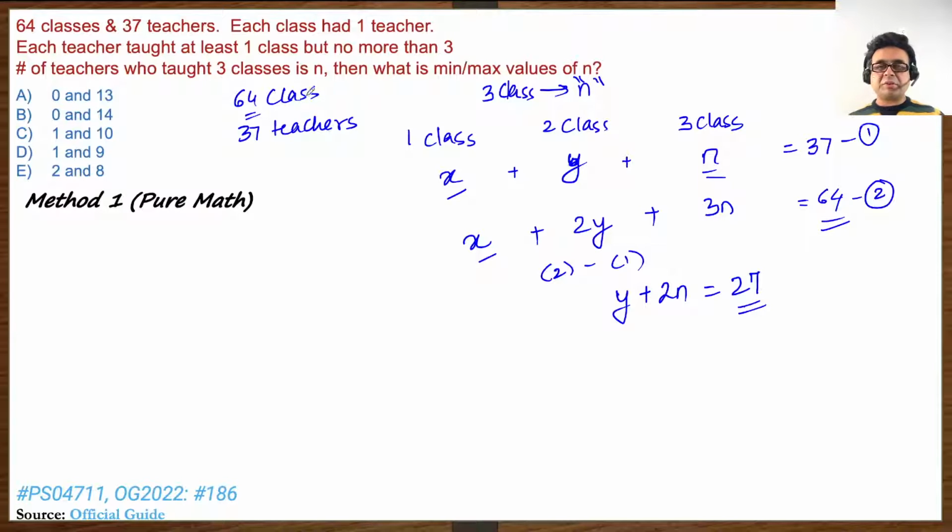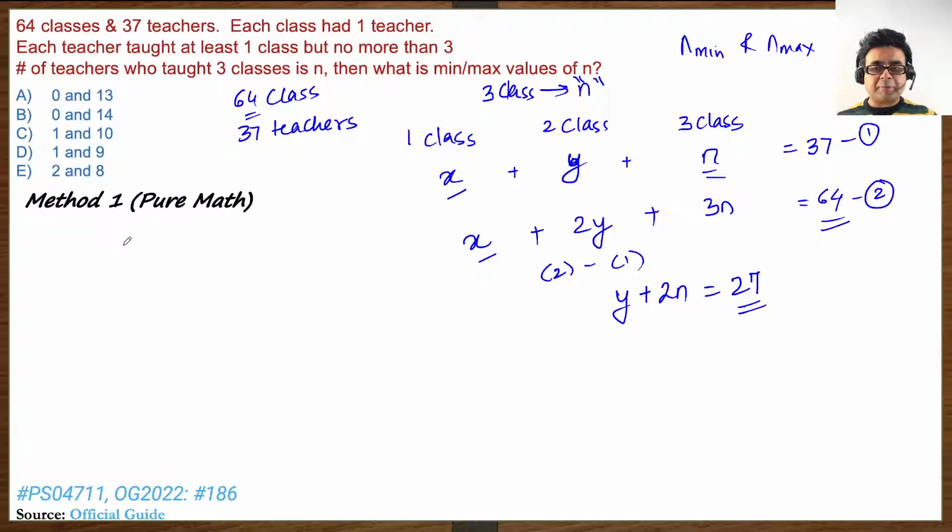Now the question basically asks me for n minimum and n maximum. Now I'm going to apply some of the properties that I had discussed in my minimizing and maximizing strategy video without going too much into the basics.